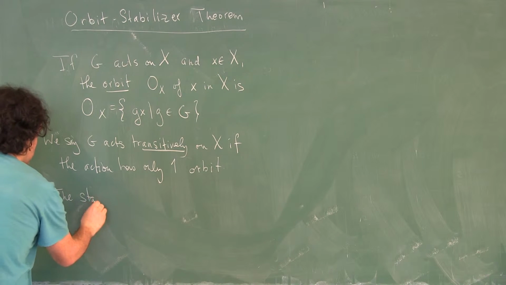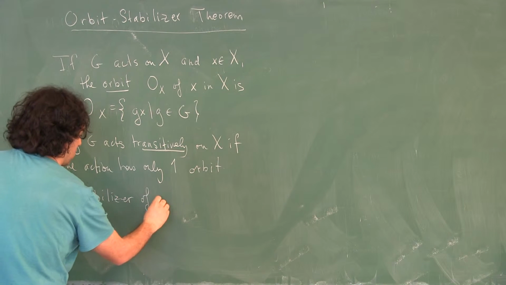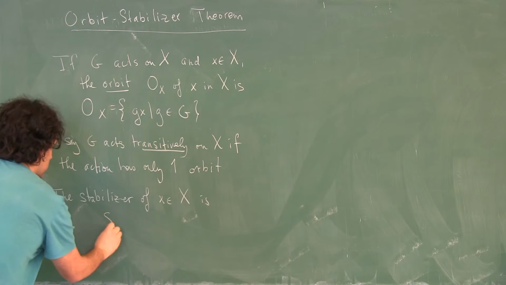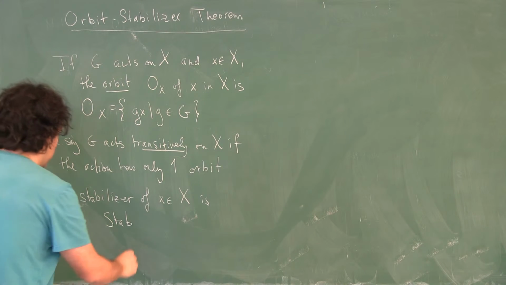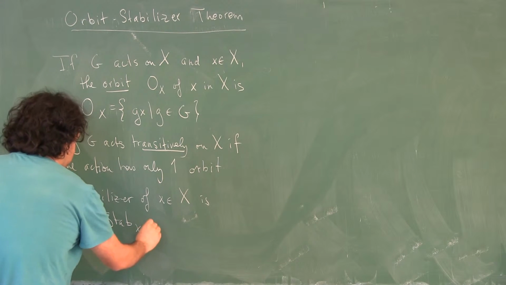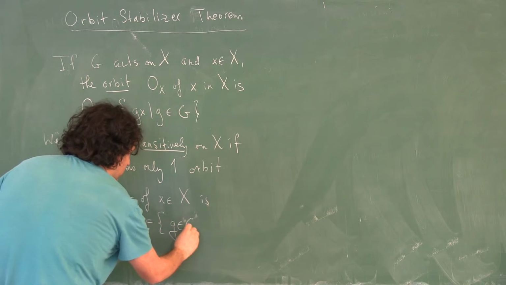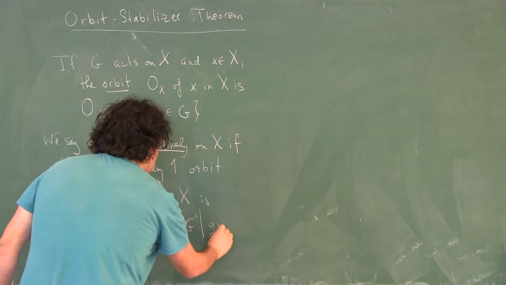The stabilizer of an element little x in big X, I write it stab x. This is the set of elements in the group which are fixing or stabilizing little x.